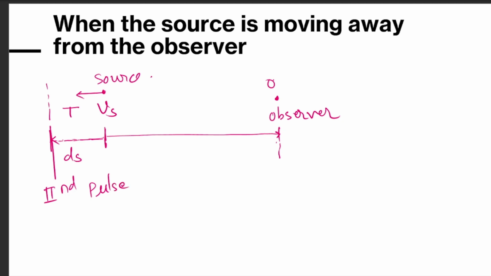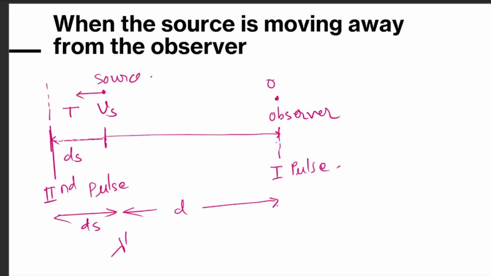And when the second pulse is emitted, you can see the distance between the first pulse and the second pulse. So what is the distance? ds plus d. Now this is the new wavelength, lambda dash.